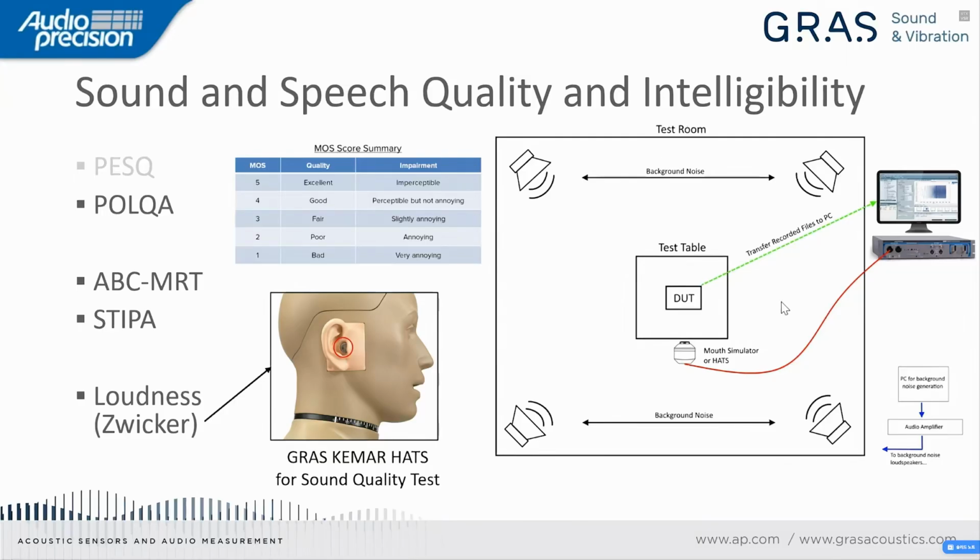But I think it's important to know that the APx500 software made by Audio Precision offers the possibility of performing tests such as PESQ and POLQA. The APx also incorporates the possibility of performing a speech intelligibility test that follows the ABC MRT and the STIPA test.